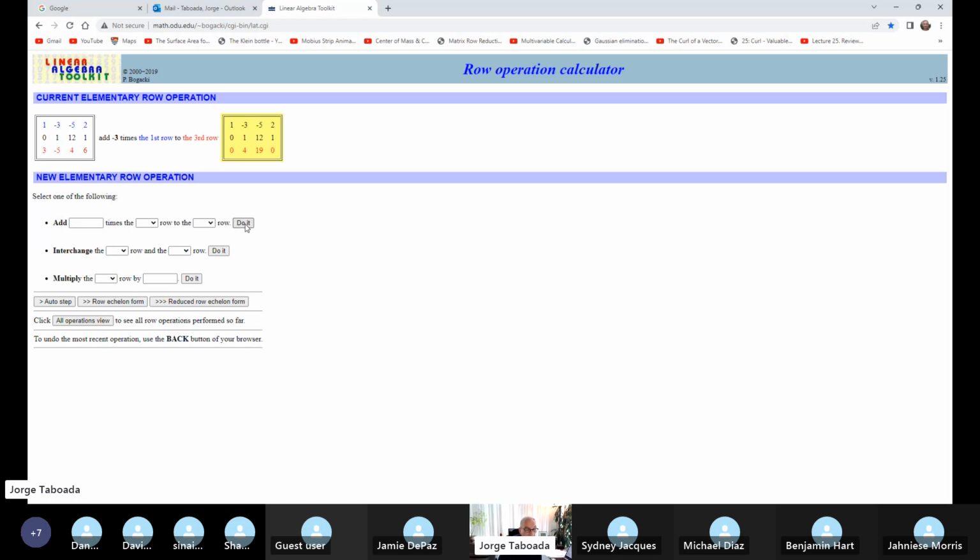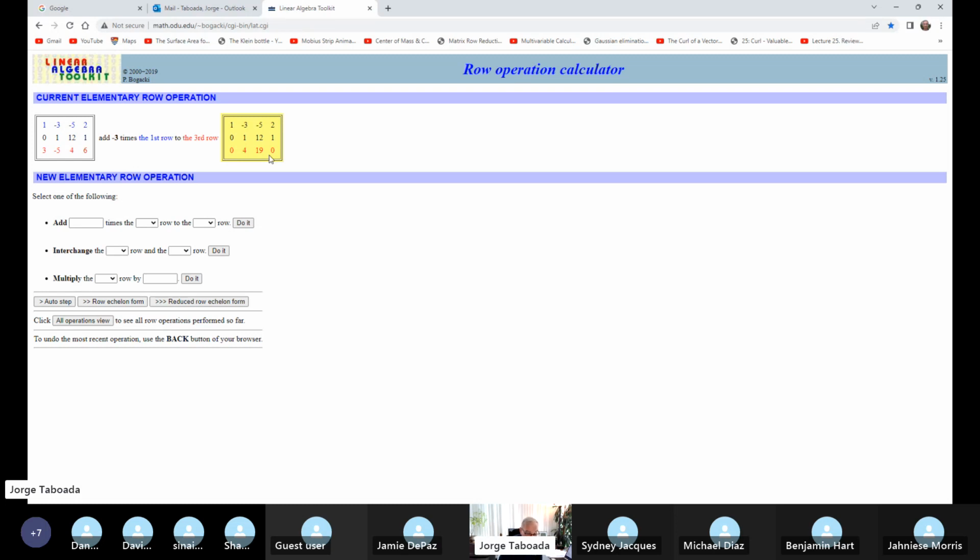Okay, the new row now is switching. In yellow you see the actual new. Okay, is 1, 0, 1, 12, 1. Wow, cool. 0, 4, 19, 0. And you put it in red color the row change.